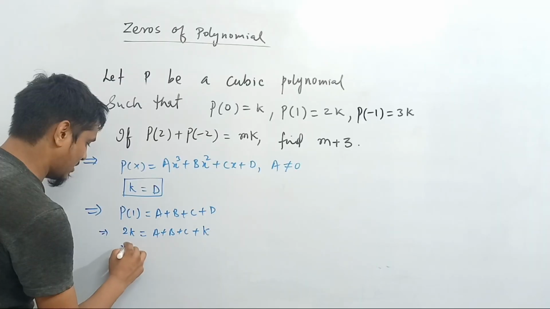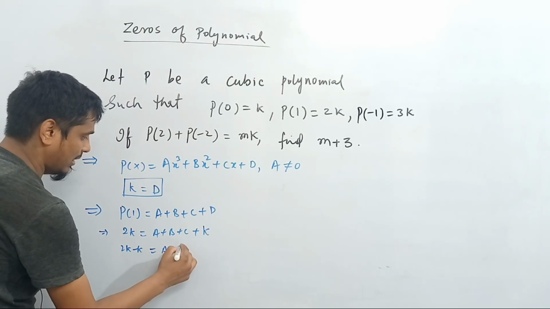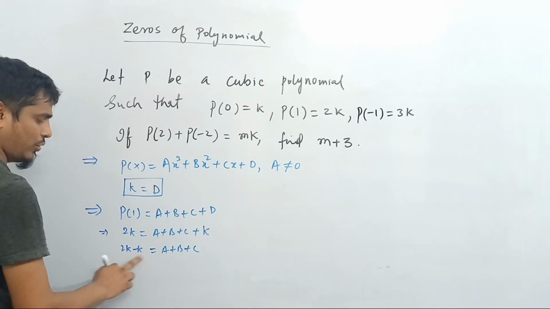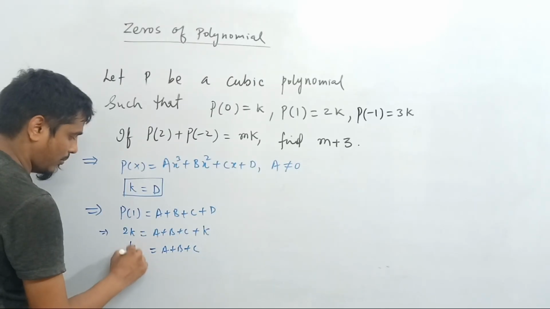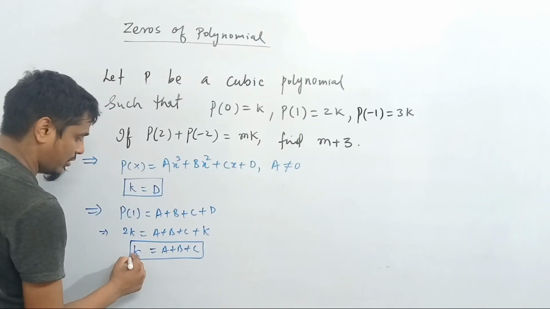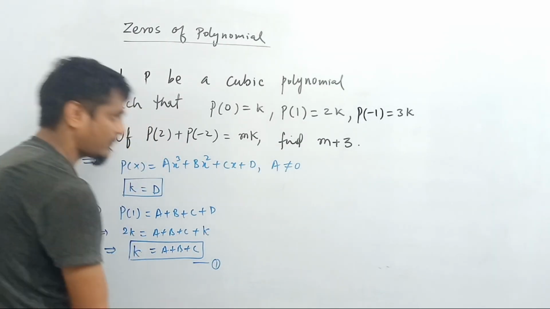We get 2k minus k is equal to a plus b plus c. So 2k minus k is what? k. So the sum of a, b and c is equal to k. So mark it as equation number 1.